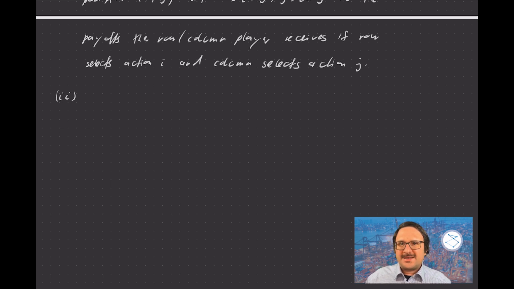Now, sometimes it might be helpful to not commit to an action right away, but instead have some randomness involved in the game. So for example, if the column player would be able to exactly predict what the row player is going to do, then of course you can choose a strategy that will adapt to this behavior in an optimal way.